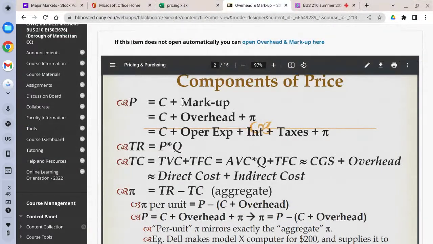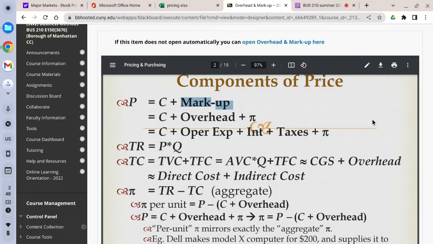So in other words, since this is only the production cost per unit, then there is operating expense per unit, interest payment per unit, and taxes per unit, right? And then profit per unit, right? These are all per unit concepts, and all of that is called markup, right?